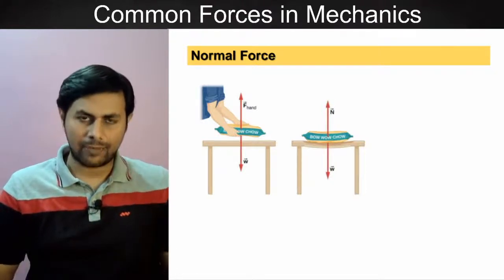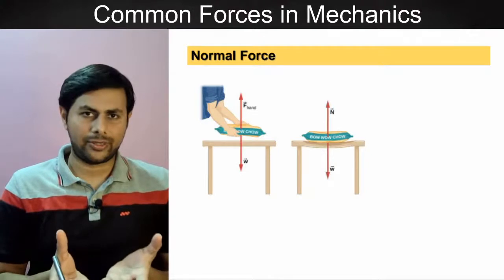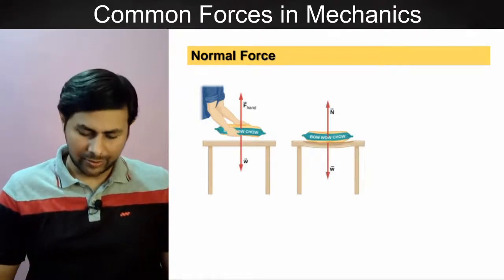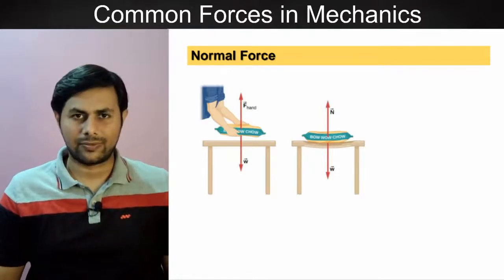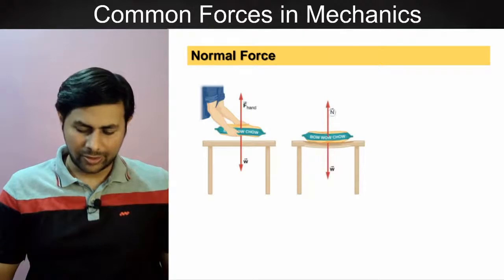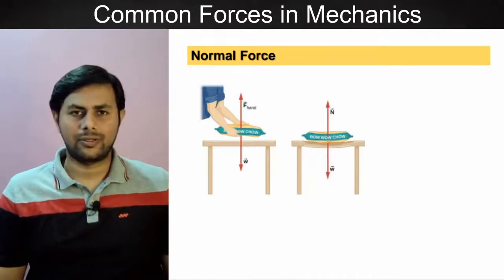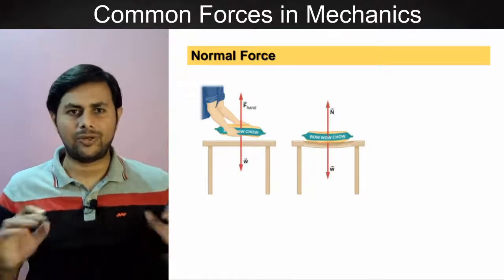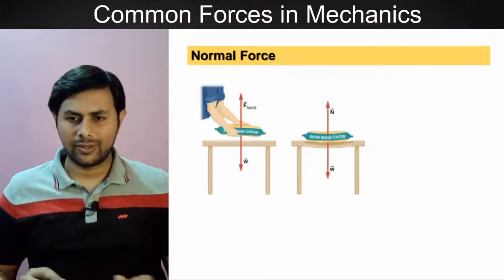So it has to apply an equal and opposite force so that the bag remains in equilibrium. That force is known as the normal reaction. Normal reaction is always normal to the surfaces in contact.